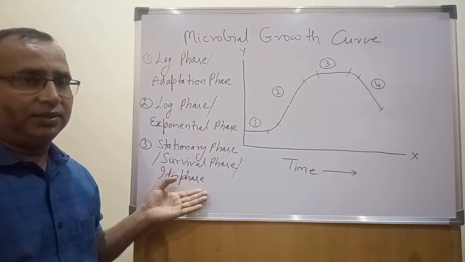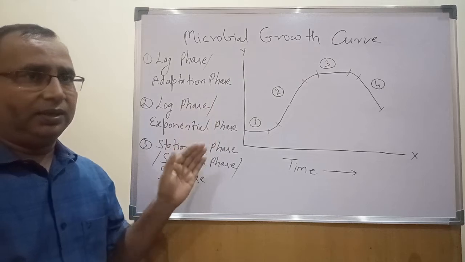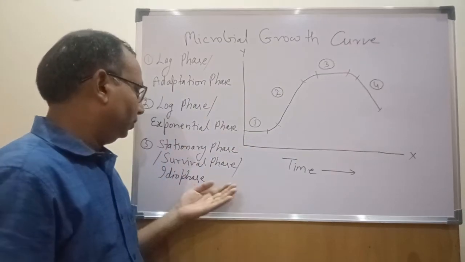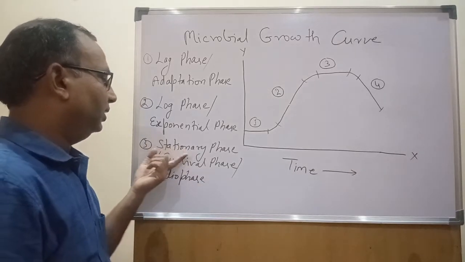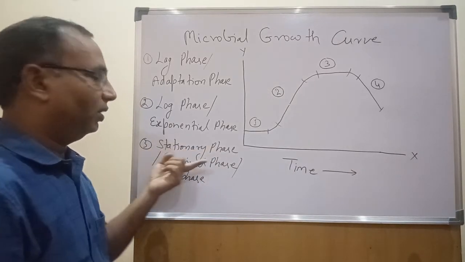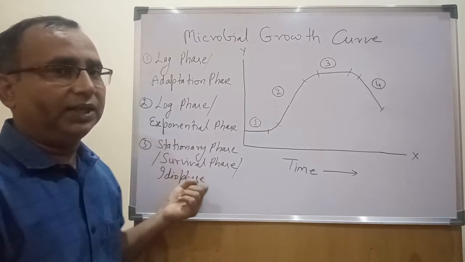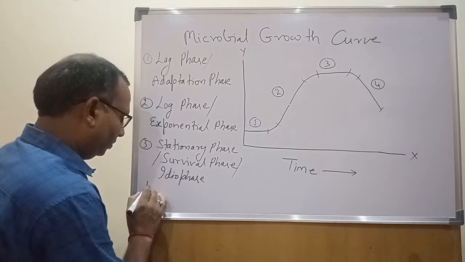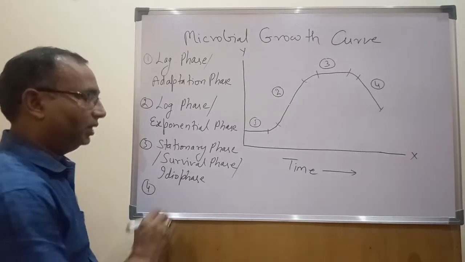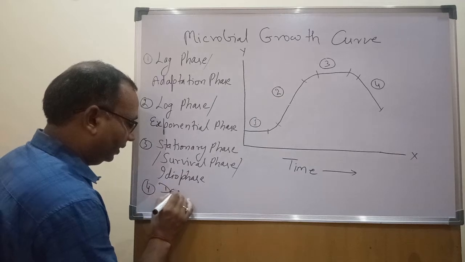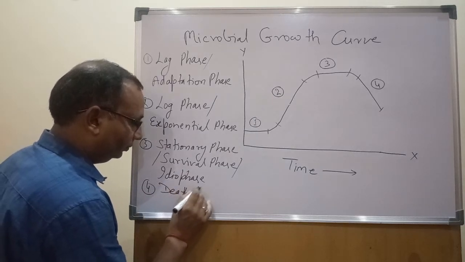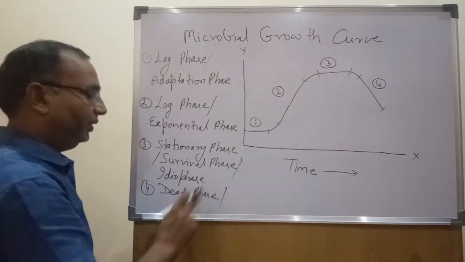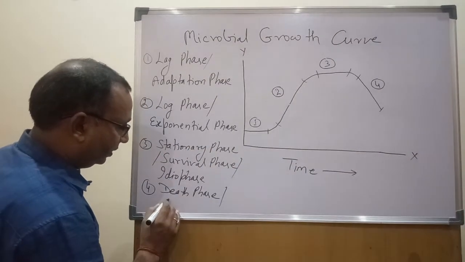We will discuss in detail about these different phases. So, this third phase is called the stationary phase or survival phase, or sometimes it is also called the idiophase. Now, the fourth and the last phase is called the death phase. This death phase is also called the decline phase.